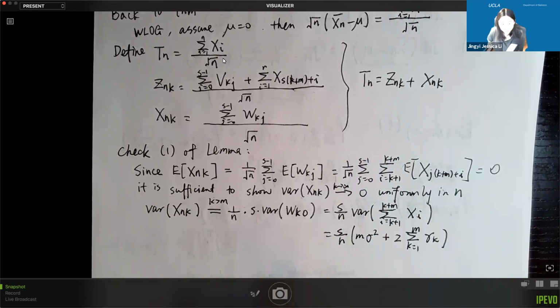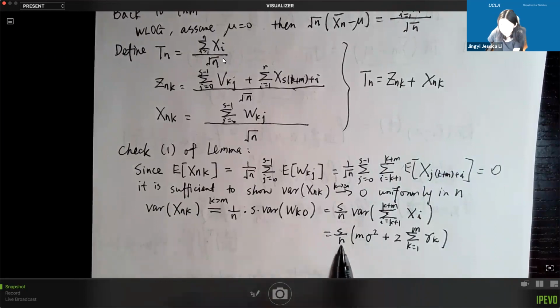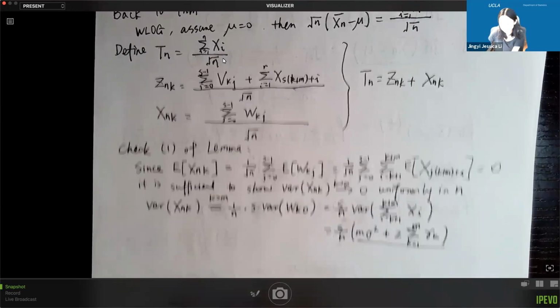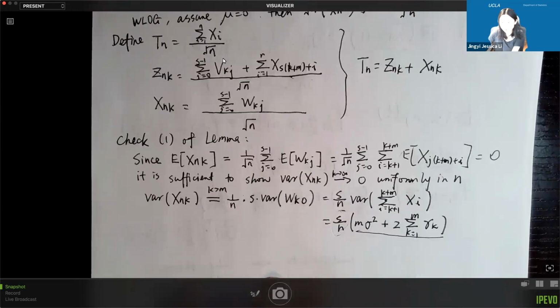So for this part, what I need to show is that, here, this is a constant. It doesn't change, right? But for this part, it's actually bounded by what? S over M, don't forget that S is the number of segments and N is the total length.